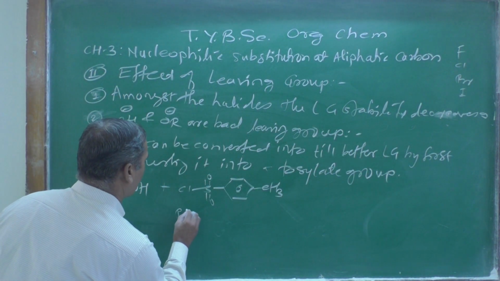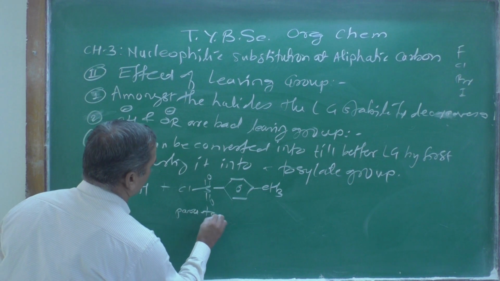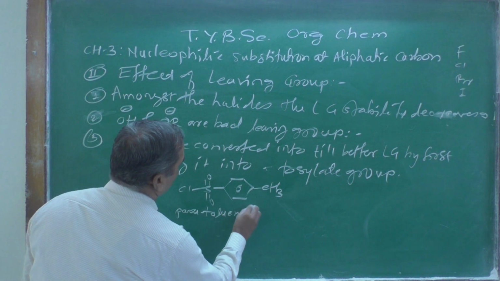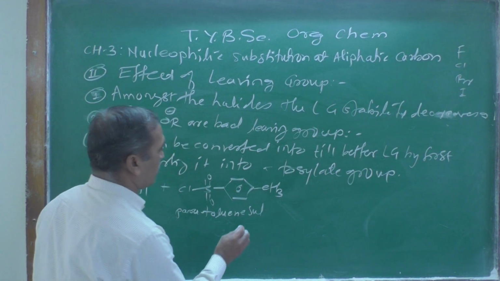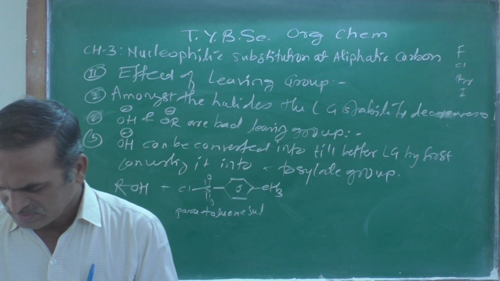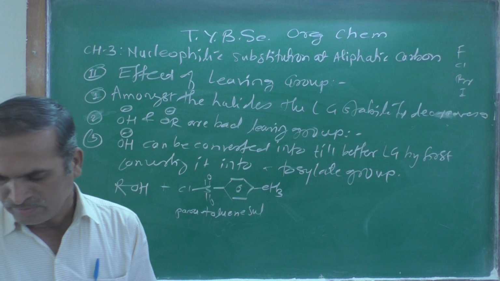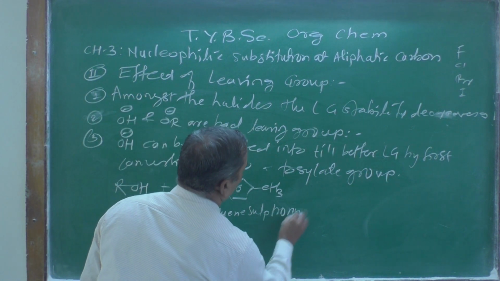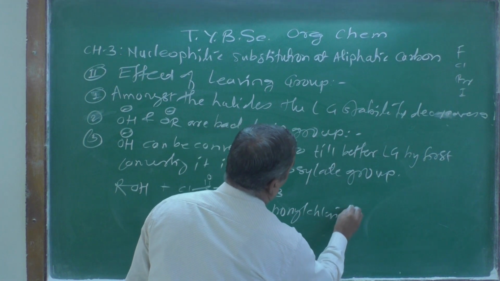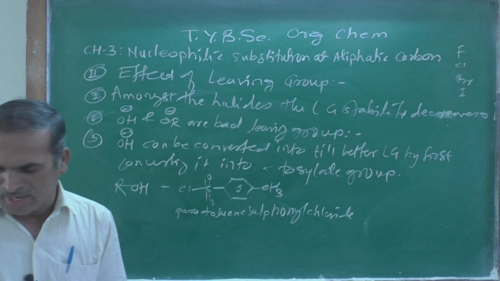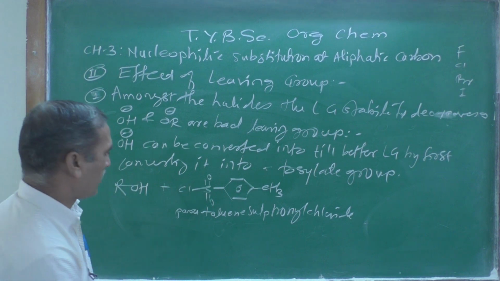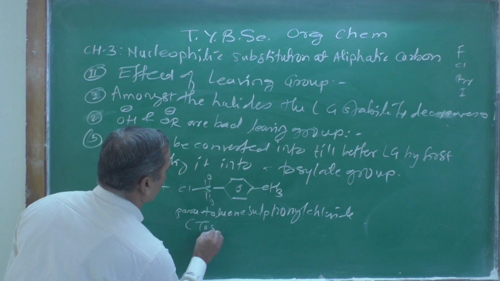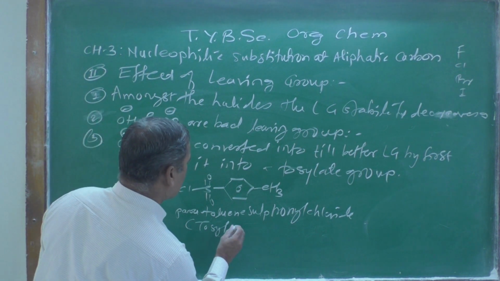This is known as para-toluene sulfonyl chloride, or it is termed tosyl chloride.